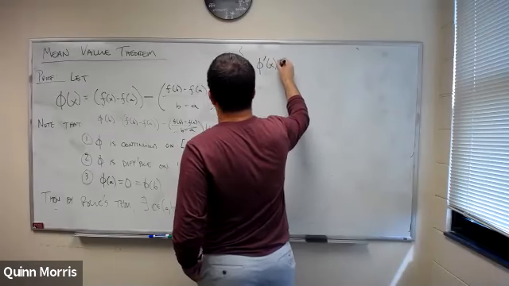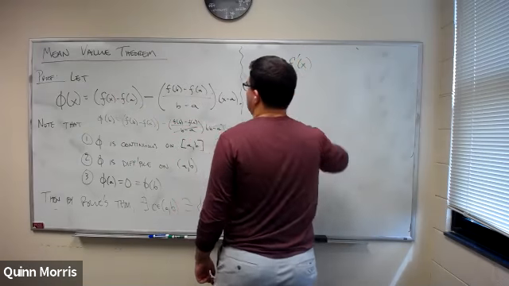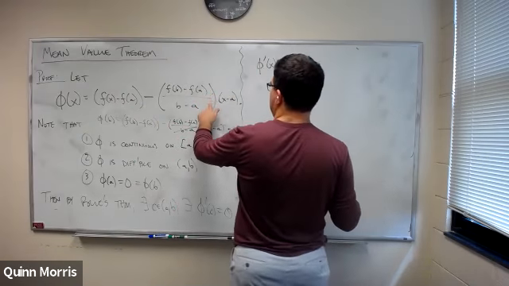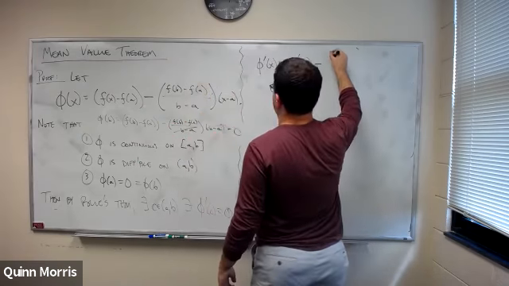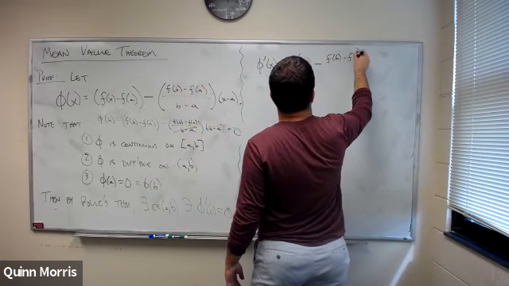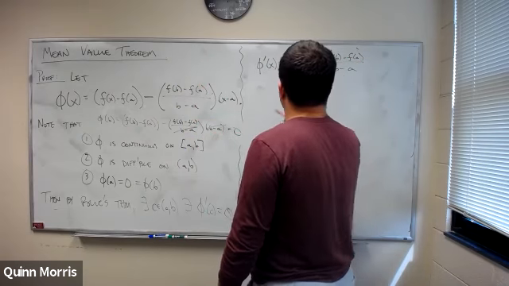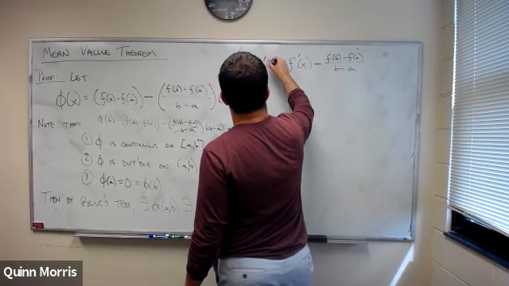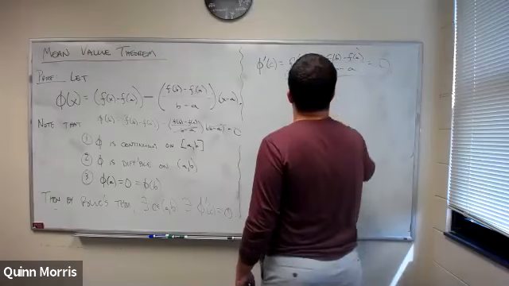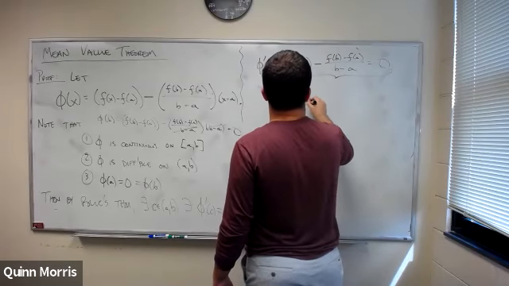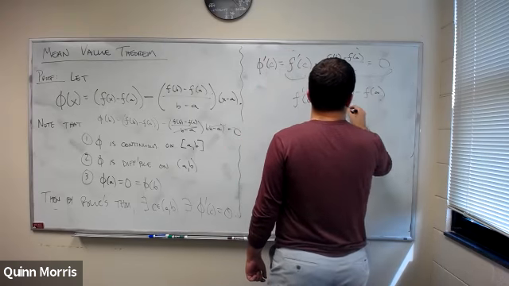Phi prime of x: the derivative of this thing will just be f prime of x, and the derivative of this thing, since it's just x times this, will be f of b minus f of a over b minus a. Where phi prime of c is equal to 0, I get that this is equal to 0. And this is just saying that f prime of c is f of b minus f of a over b minus a.